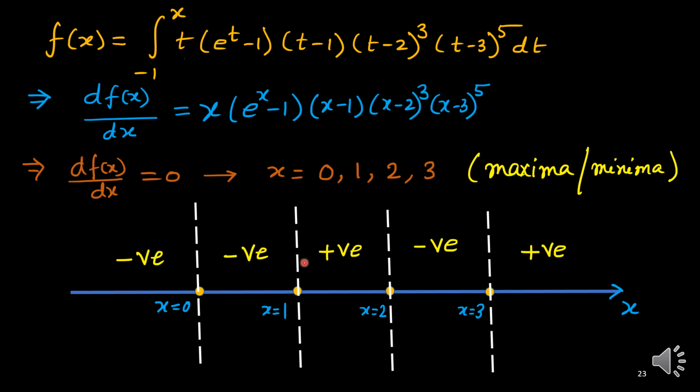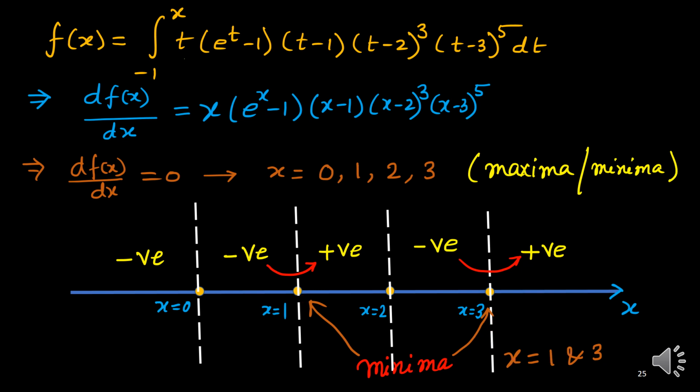So we need to find the sign change from negative to positive. What is that? This one, negative to positive. Here again negative to positive, through x equal to 1 and through x equal to 3. So x equal to 1 and x equal to 3, these are the two solutions. There you will find the minima points.